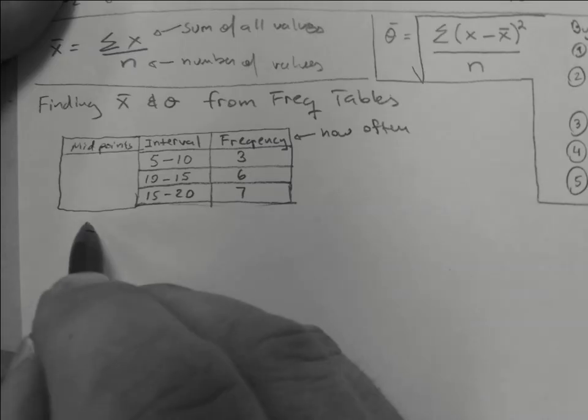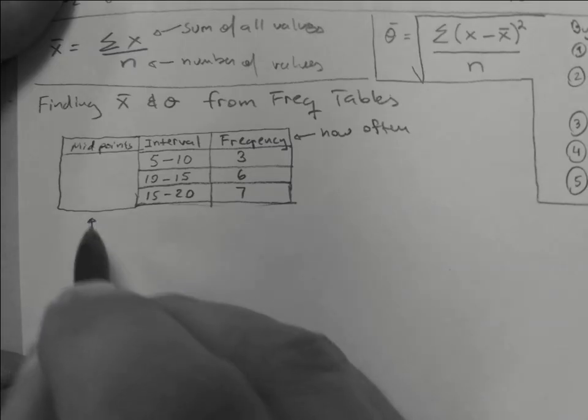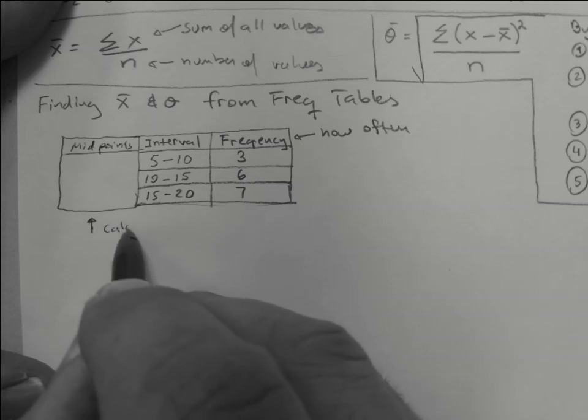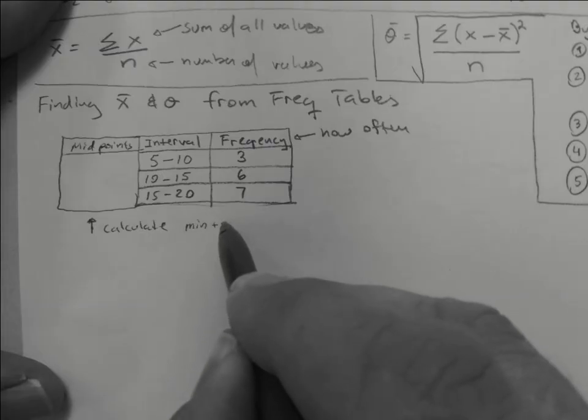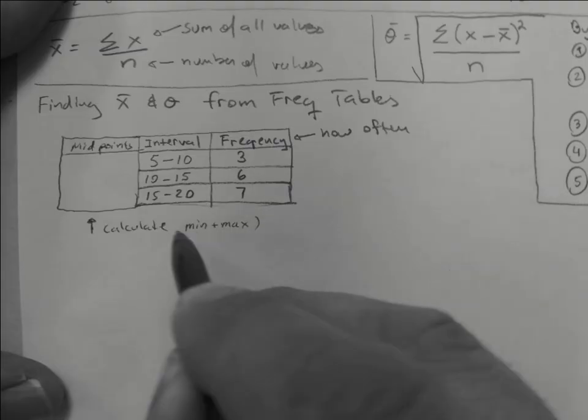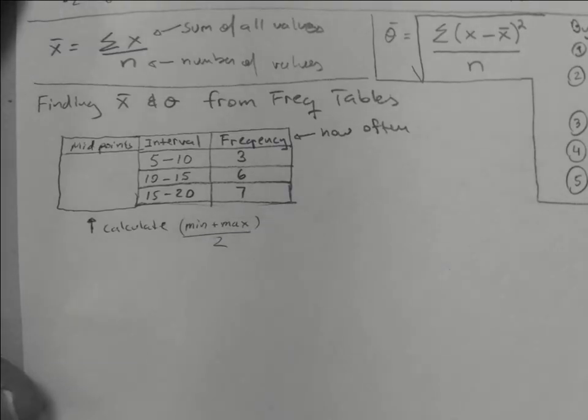And I will just say calculate. You got to go min plus max divided by 2. That's basically how you find the midpoints.